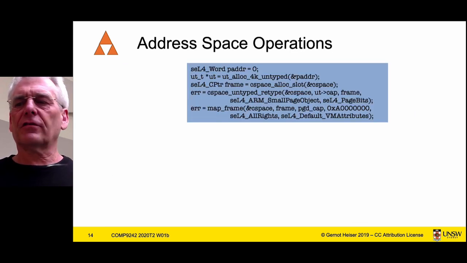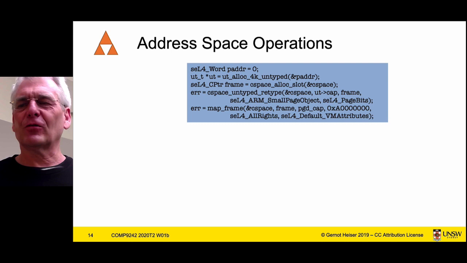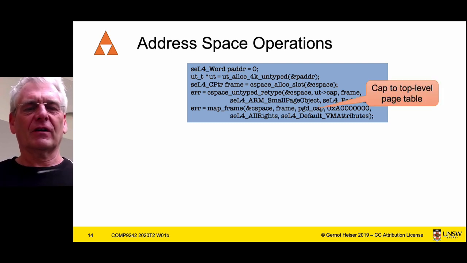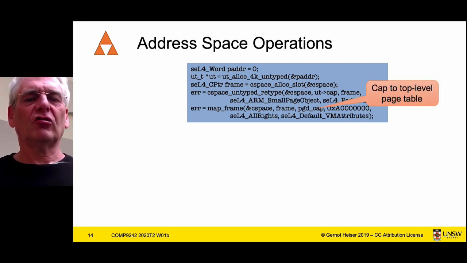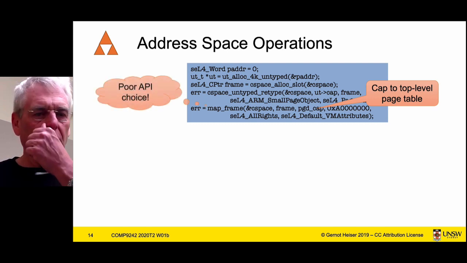Operations that do this are the usual mess of long names and parameters. Again, I'm not going to go into details, except that you see here there's this PGD capability. That's the vSpace reference, and you can map in there then.